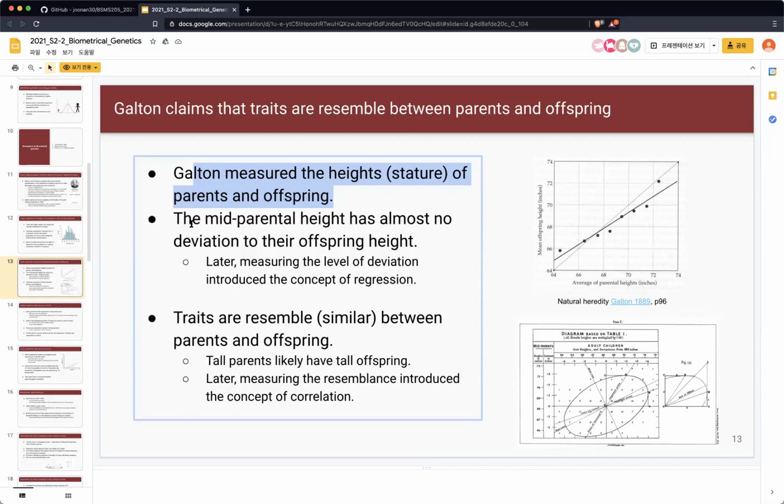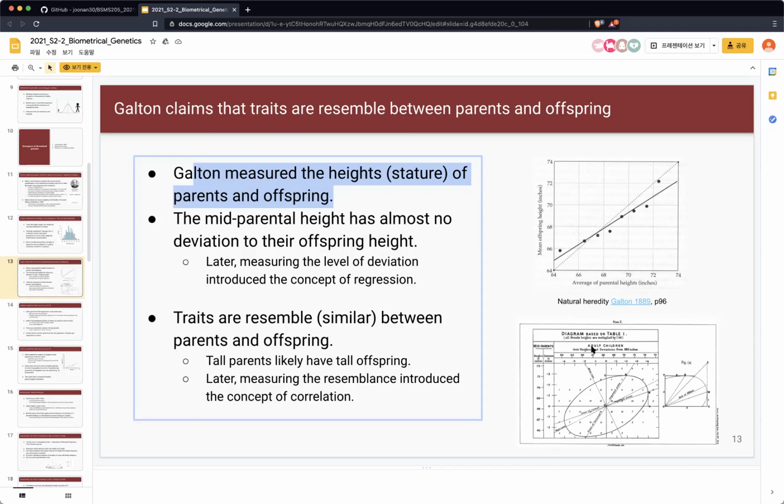And what he found is that the mid-parental height has almost no deviation from their offspring height. In other words, mid-parental height is nearly identical to offspring height. If you look here, the y-axis is the mid-parent height value. We take the average height between mother and father, and we get the value.